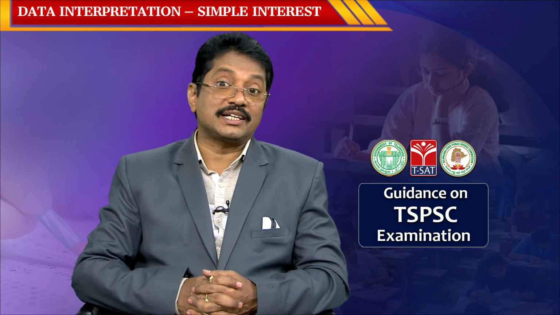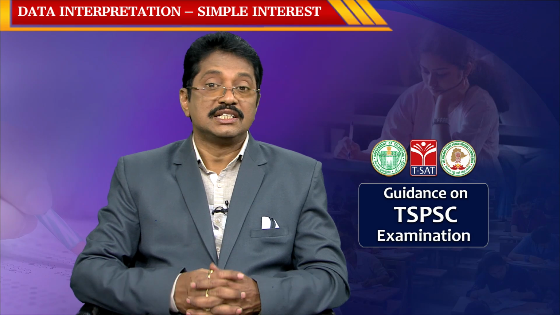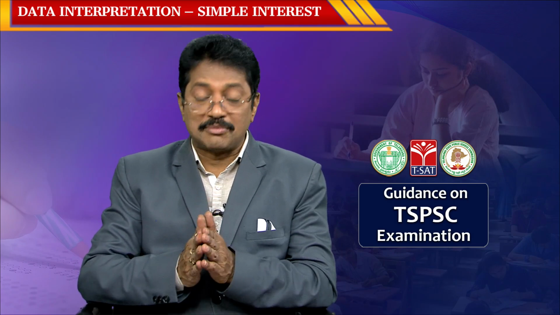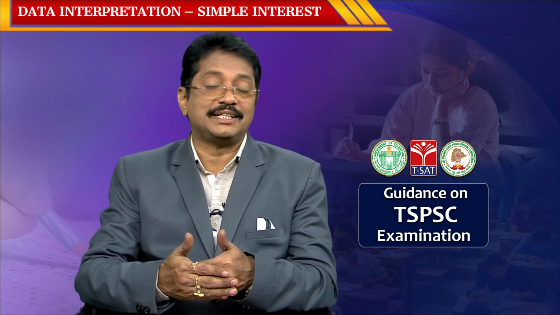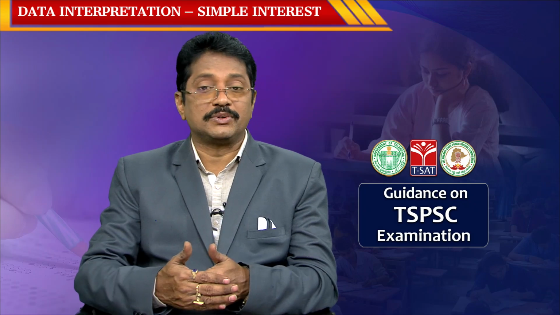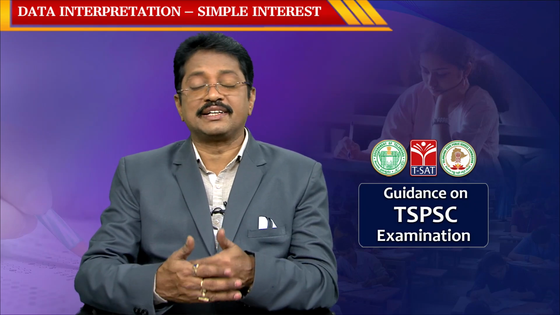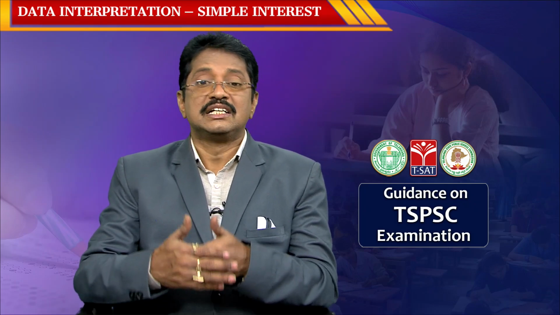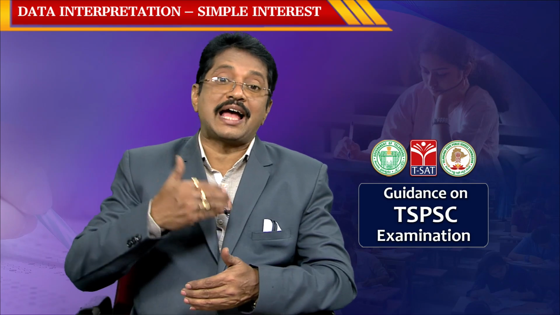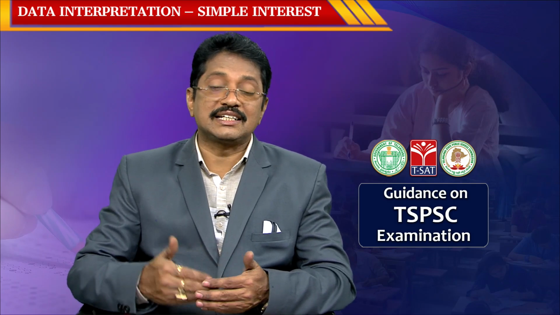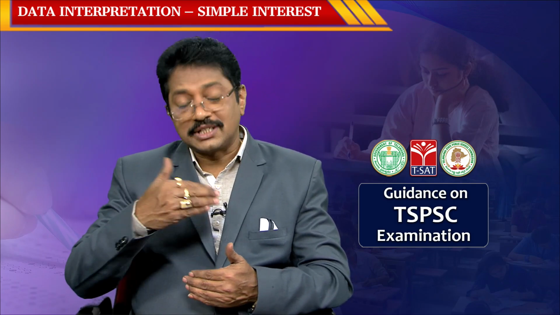Whereas in compound interest, the amount you deposit or lend in the first year will be the principal amount, and according to the rate of interest, you calculate the interest. That interest is also added for the next year.